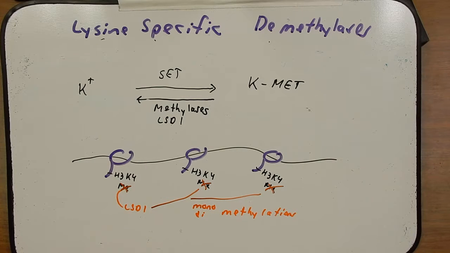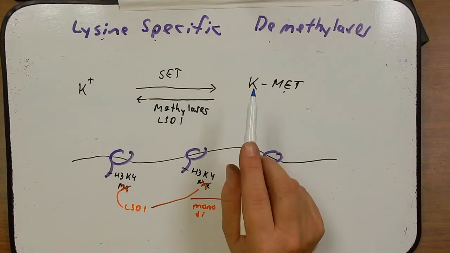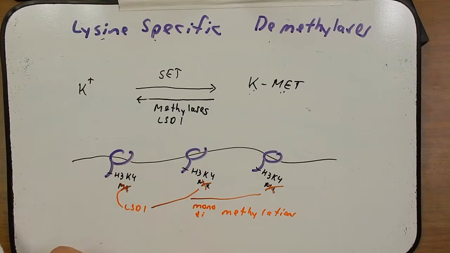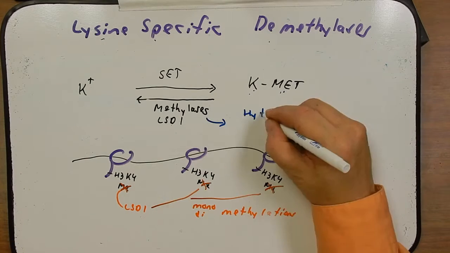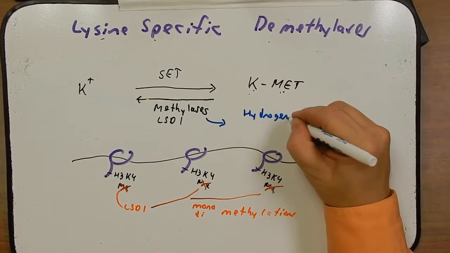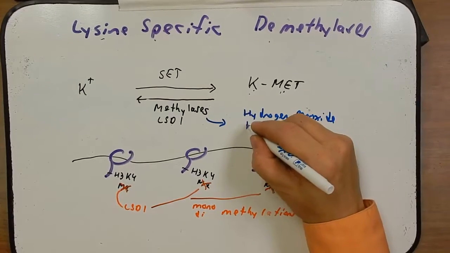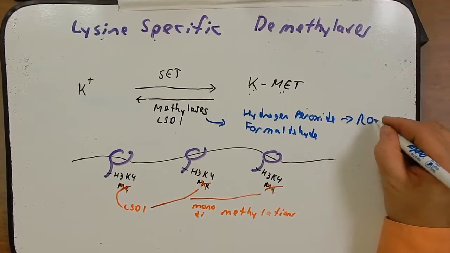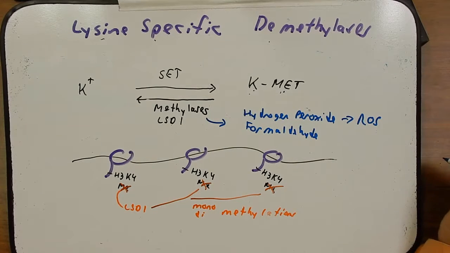Now, interestingly, this reaction that removes these methyl groups here is a rather toxic reaction. Going from lysine with methyl on it to just a lysine generates hydrogen peroxide and formaldehyde. Hydrogen peroxide is a reactive oxygen species, or can be.